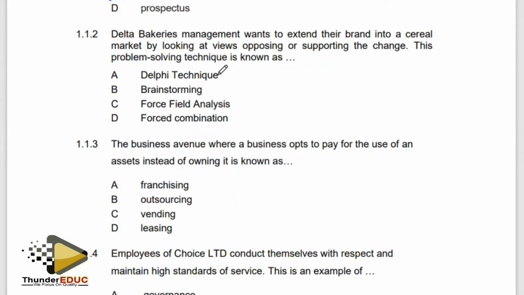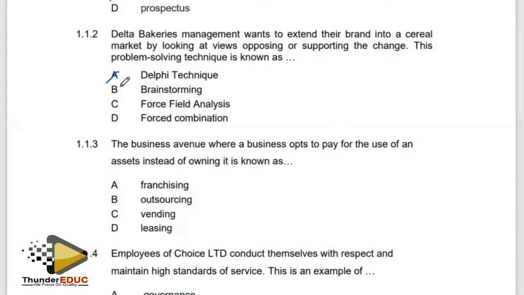A company hires the experts who are given different questions, which has a problem on the questionnaire, for the experts to fill, to give us the resolutions, to give us the findings or ways on how to solve the given problem in the company. Delphi technique is not what we are looking at here because it talks about experts and use of questionnaires when we are solving a problem.